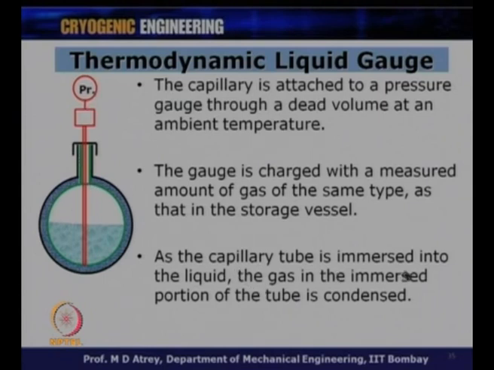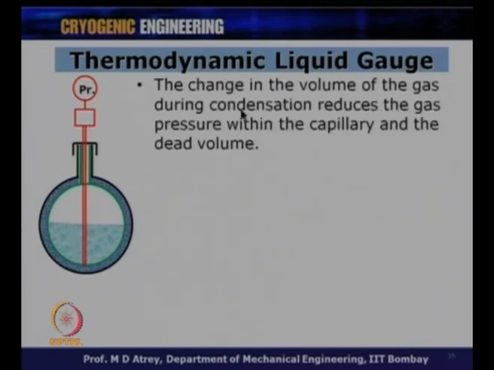As the capillary tube is immersed into the liquid, the gas in the immersed portion of the tube is condensed, and therefore there will be a change of volume. The change in the volume of the gas during condensation reduces the gas pressure.